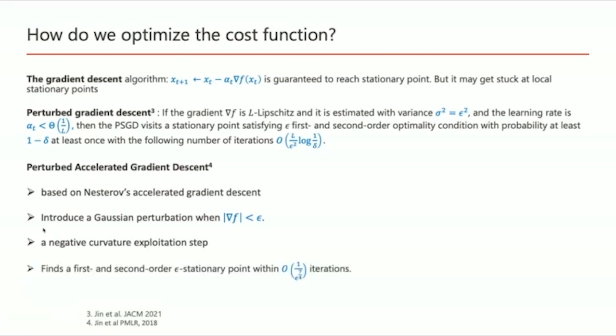This method gives you a slightly better dependence on epsilon. So you make all these modifications, and in the end, the improvement in terms of epsilon is like epsilon to the 1/4. Okay, so now let's see how we combine them.